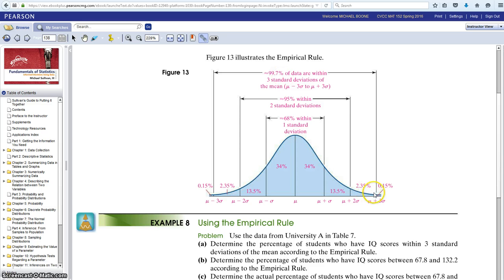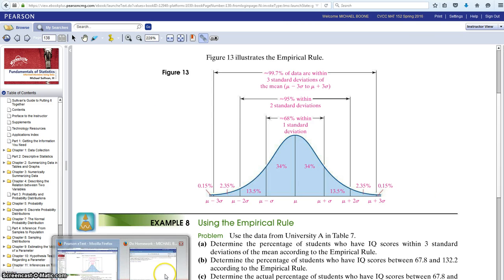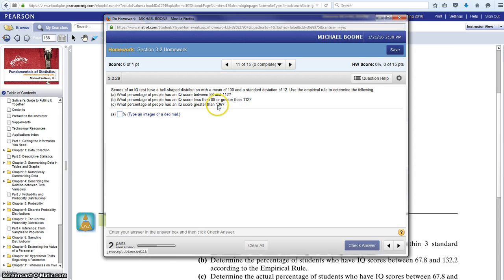I know that between here and here is 99.7%, which does mean that there's 0.15% on both sides. So if I'm just looking greater, that means 0.15% of the population would be greater than 3 standard deviations. And that's what that question's asking. Greater than 136. So that's just using the empirical rule, using that table.